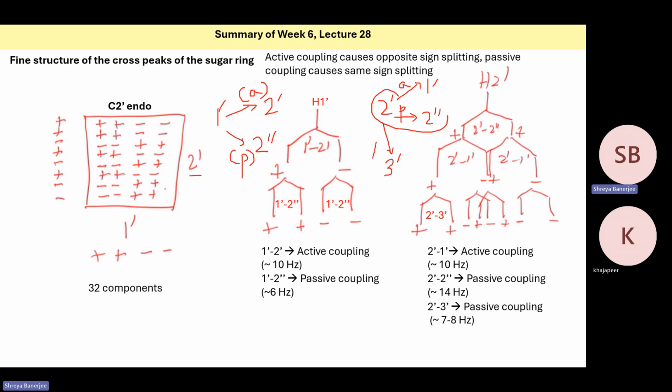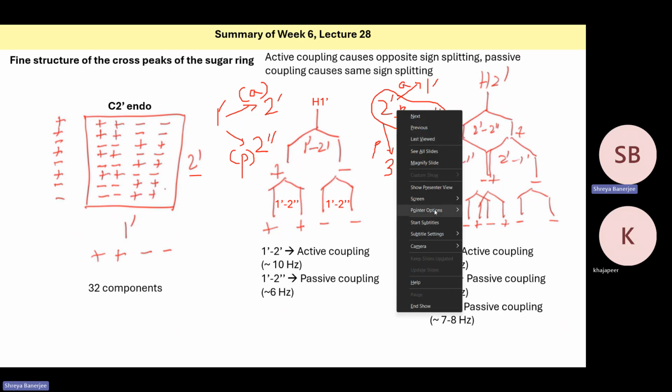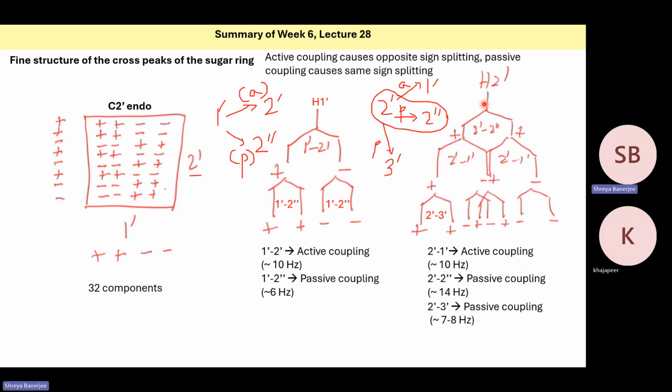This is also passive. We will look at the largest coupling constant, that is the geminal coupling constant 2 prime 2 double prime first. So first 2 prime is splitting into two components by 2 double prime. And this is the largest splitting constant, that is geminal coupling at 14 Hertz. But this is passive coupling, so the signs remain as plus plus.